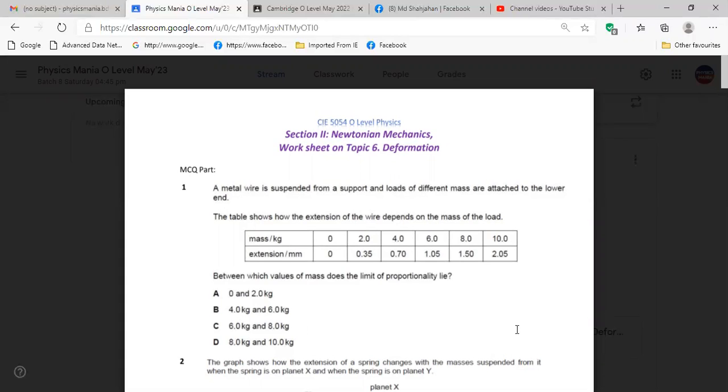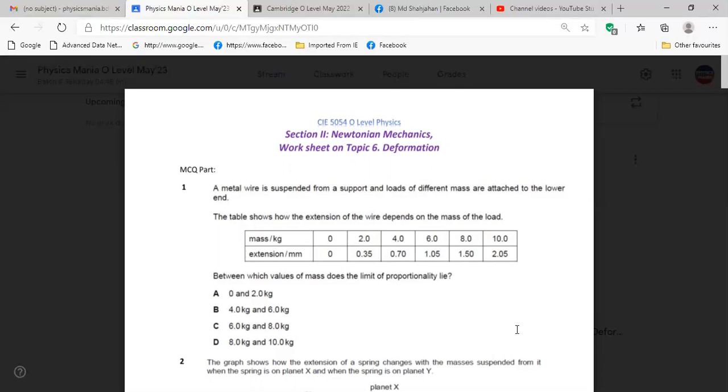So, your extension between 0 and 2 kg, right? What is the extension? 0.35 millimeters. Then for 4 kg, 0.70.